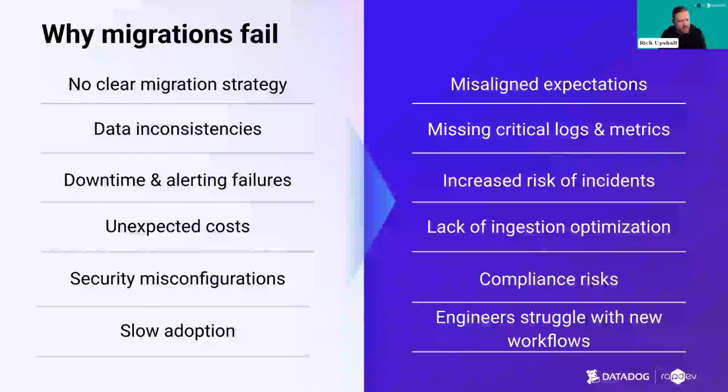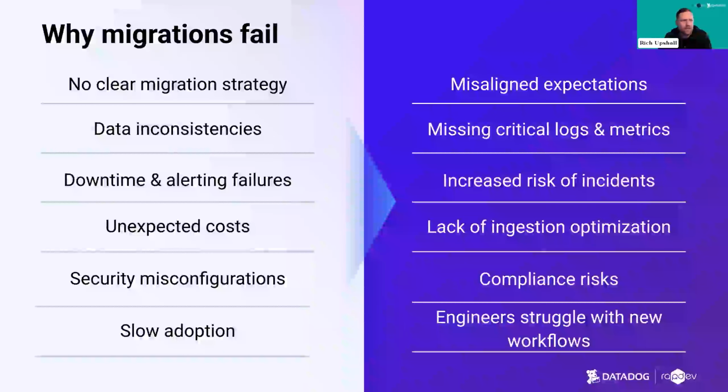That really leads to misaligned expectations, especially with the consumers of the platform, those teams, where they really don't understand where to look, how to solve incidents, and ultimately it adds to extended mean time to detection and mean time to resolve. There's also data inconsistencies where things are thrown across quickly.